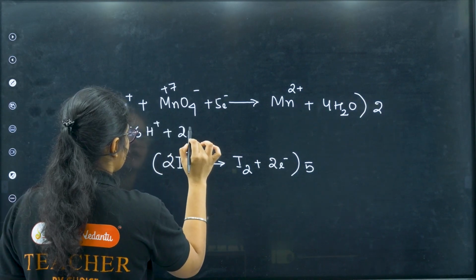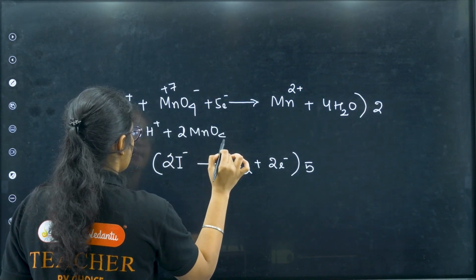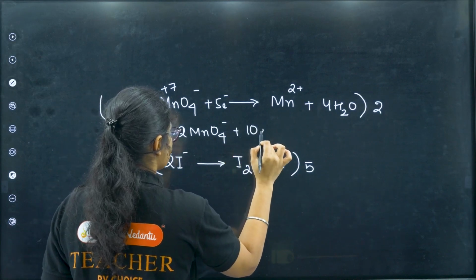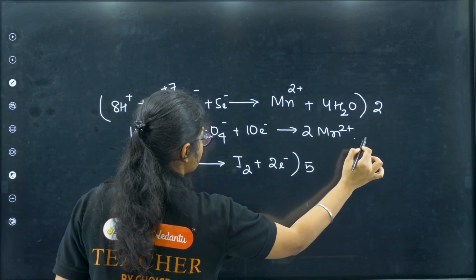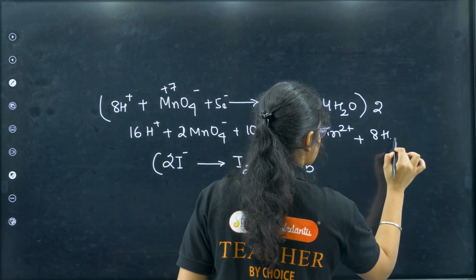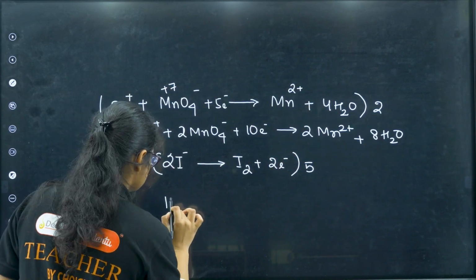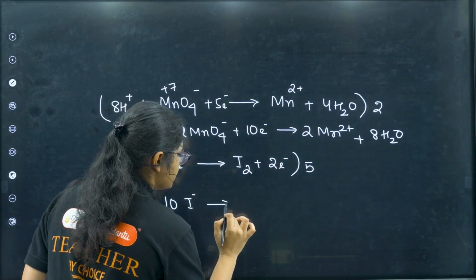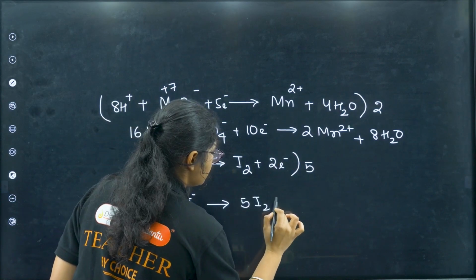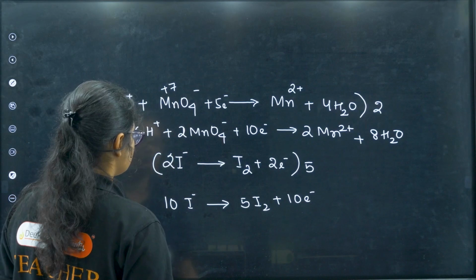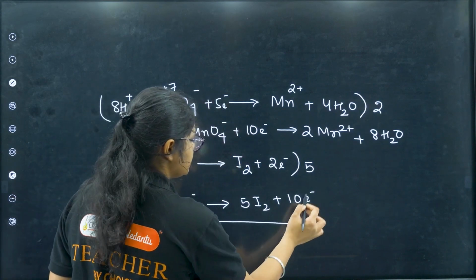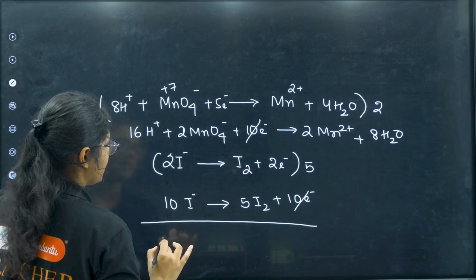2 MnO4 minus, then 10 electrons, that will give me 2 Mn2 plus, 8 water. Now here it is 10 I minus gives 5 I2 plus 10 electrons. So now you can add these two. The 10 electrons and 10 electrons will get cancelled.